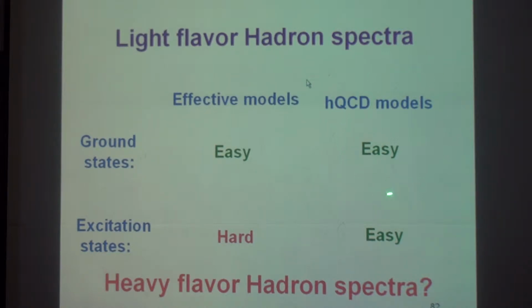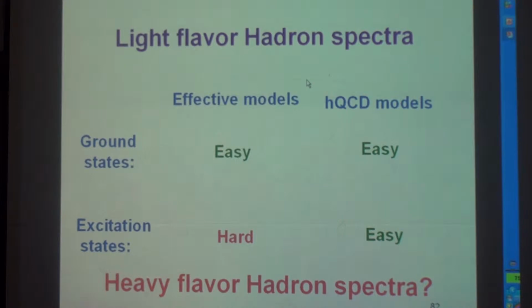But for holographic QCD models, for the light flavor system, both the ground states and the excited states are quite easy. Of course, we also made a lot of effort to get this correct, but in some sense, compared with the effective models, this framework works much more easily.